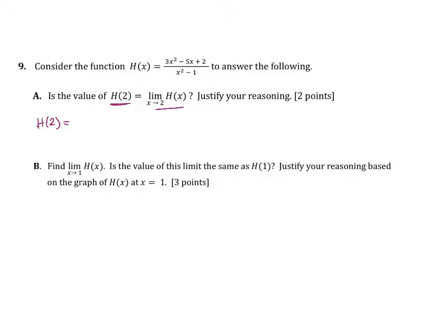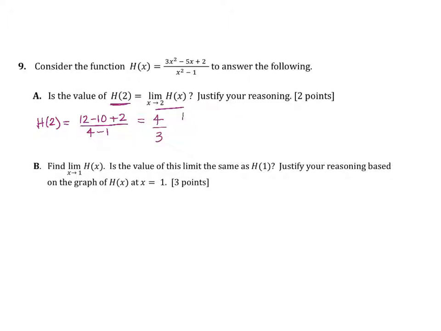And if we do that, then we end up with 3 times 2 squared. So we end up with 3 times 4, which is 12, minus 10 plus 2, all over 2 squared minus 1. So in the numerator, it looks like we end up with 4 over 3.